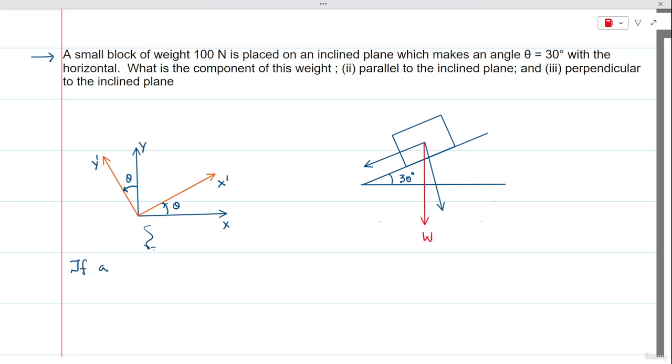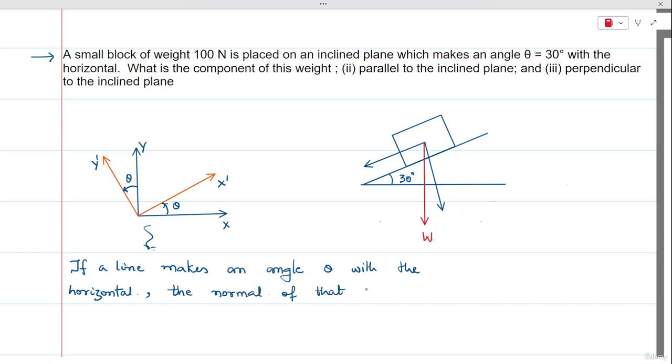If a line makes an angle theta with the horizontal, the normal of that line is going to make the same angle with the vertical.